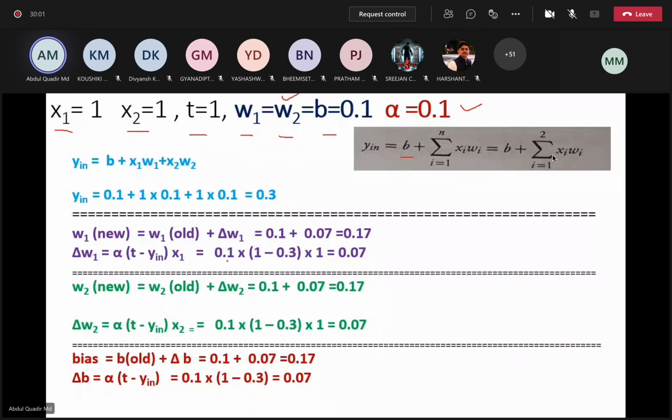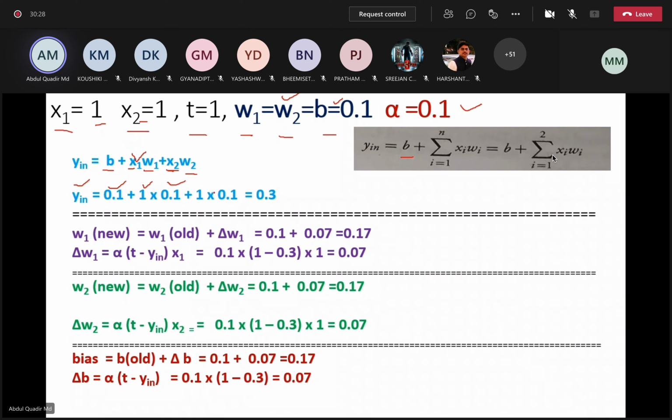So W1, so bias plus W1 X1 plus X2 W2. We are calculating the Yin. What is the bias given? 0.1. What is X1, students? 1. What is W1? 0.1.